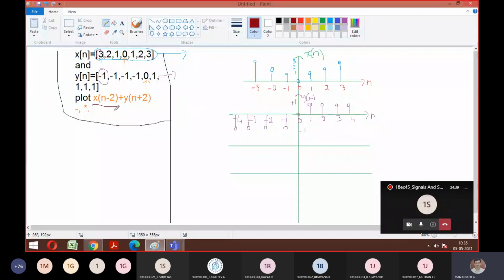In time shifting, there are 2 categories, delay and advancing. Since -2 is there for the x of n, I should go with the delay part. Whatever the original signal is, I need to delay by how many intervals? 2 intervals, sir. Good. So the original signal which was starting at -3 will start from -1 now.